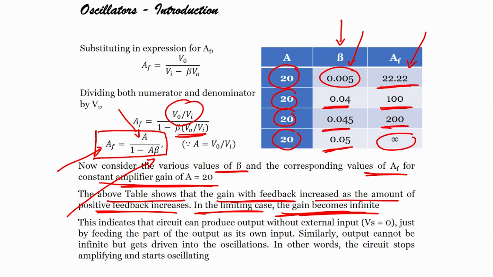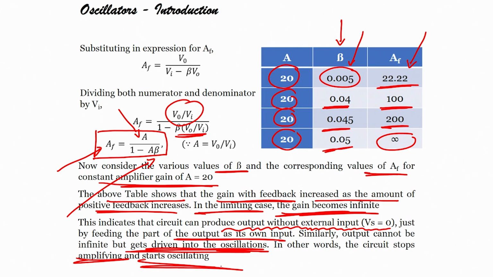This indicates that the circuit can produce output without external input, Vs equals 0, just by feeding part of the output as its own input. Output cannot be infinite, but it gets driven into oscillation. In other words, the circuit stops amplifying and starts oscillating.